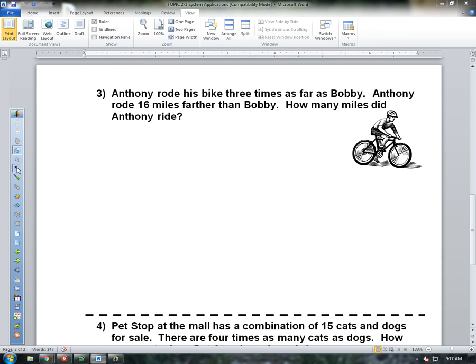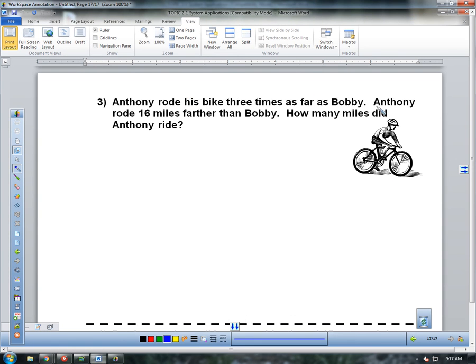It says, Anthony rode his bike 3 times as far as Bobby. Anthony rode 16 miles farther than Bobby. How many miles did Anthony ride? So my variables, I'm going to ID them: Anthony's distance, which I'll put as A, and then B is Bobby's distance.